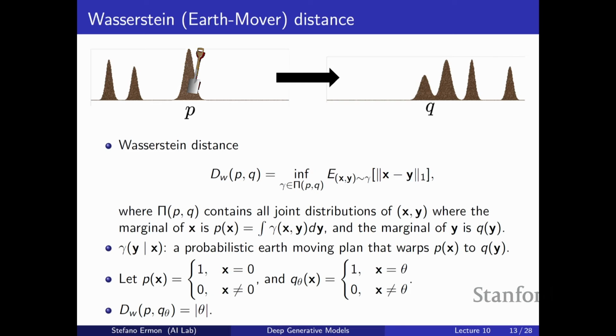It's saying that when x and y are far away, you pay a higher cost, because transporting from here to Palo Alto is cheaper than from here to San Francisco. If the x-axis is measured in kilometers or something, then x minus y is just the distance that you have to travel to go from one point to the other.